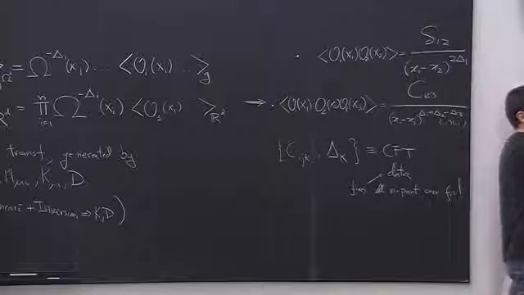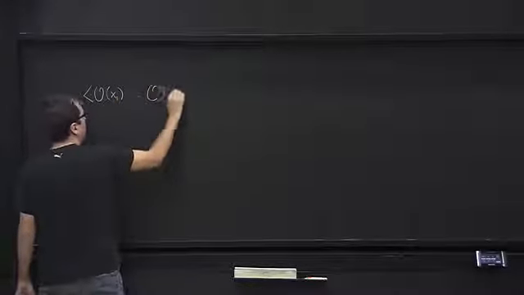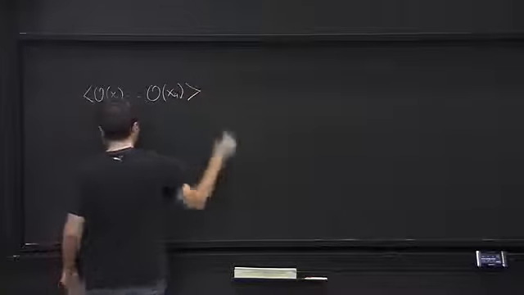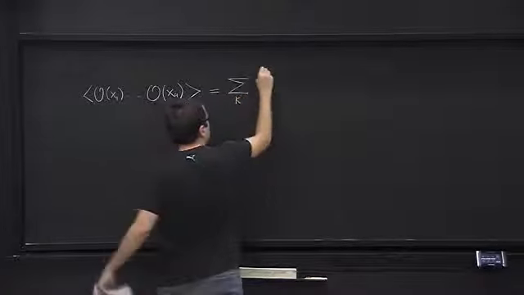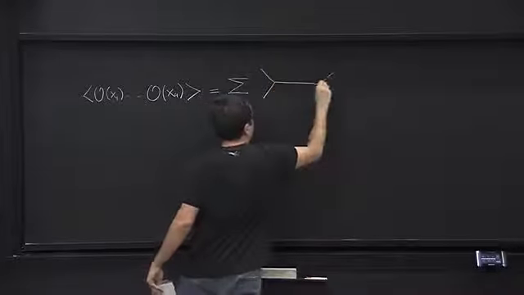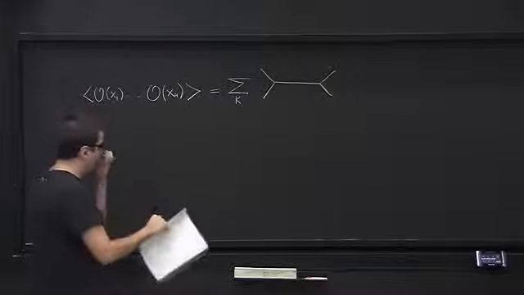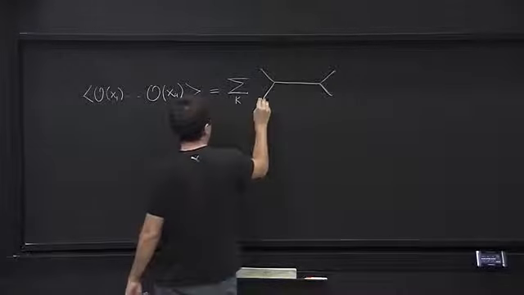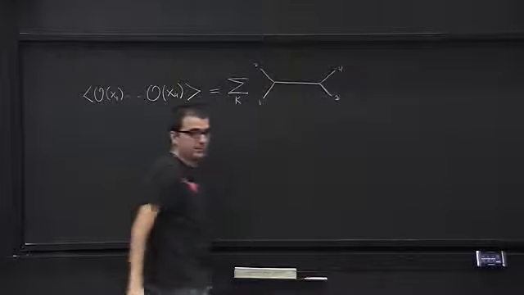So what we did was write our 4-point function, O of x4, as a sum over k of an expansion where we fused operator 1 and operator 2 and went to operator 3 and operator 4.